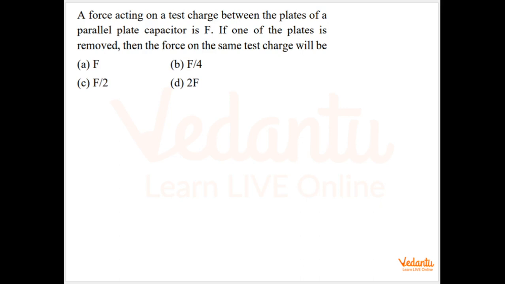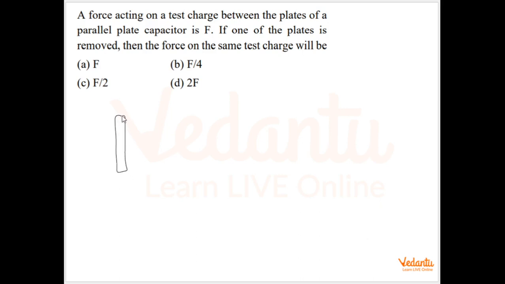In this question, a force is acting on a test charge between the parallel plates. The force acting on a test charge between a parallel plate capacitor is F. If one of the plates is removed, then the force on the same test charge will be what?